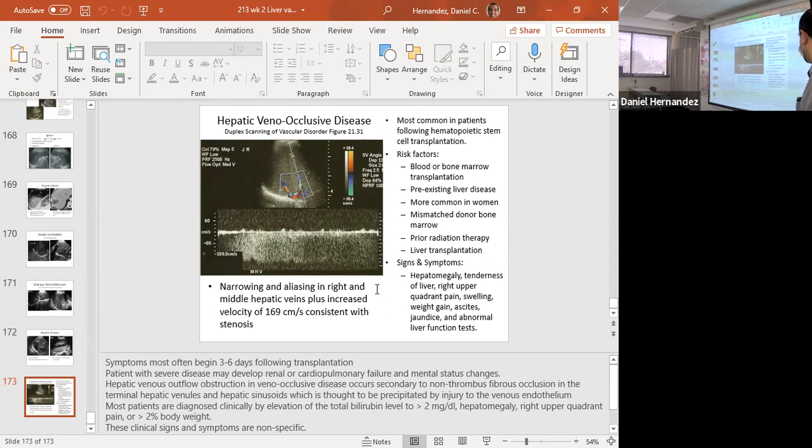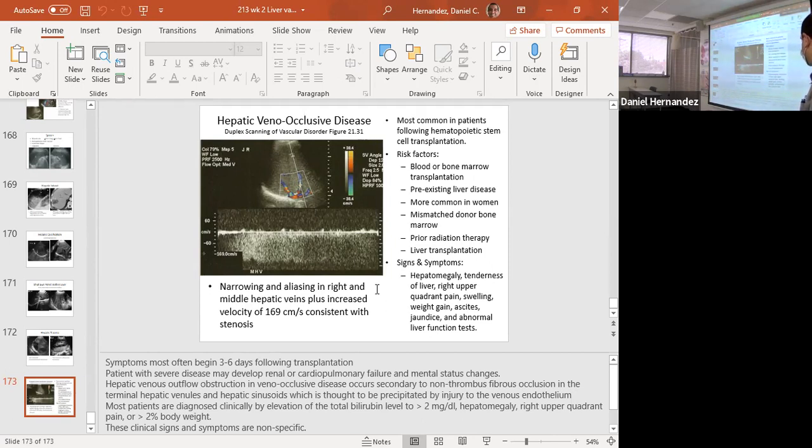Hepatic venous flow obstruction in veno-occlusive disease occurs secondary to non-thrombotic fibrous occlusion in the terminal hepatic venules and the hepatic sinusoids, which is thought to be precipitated by injury to venous endothelial tissue.